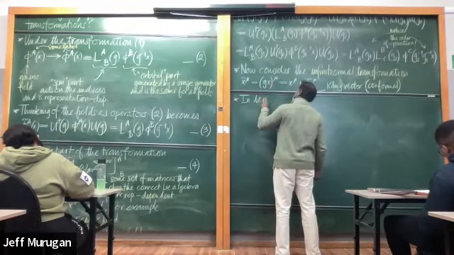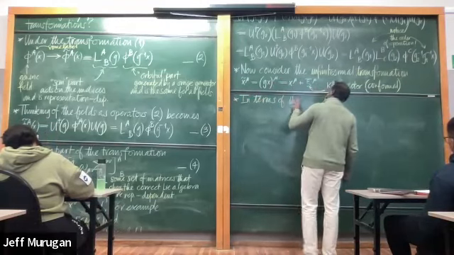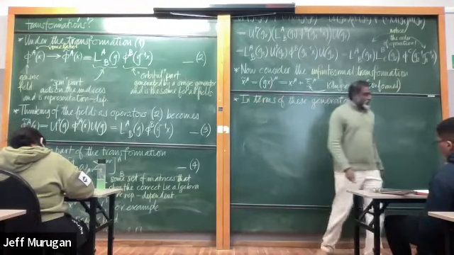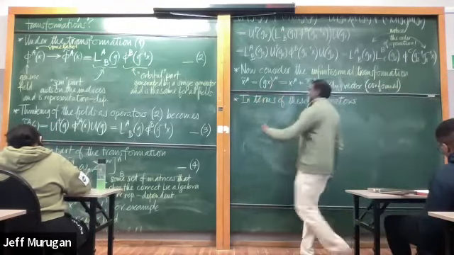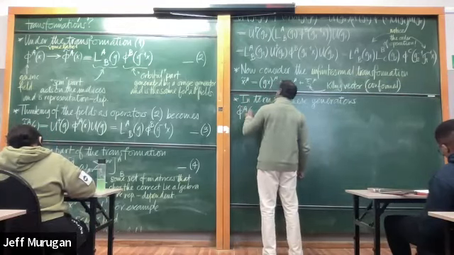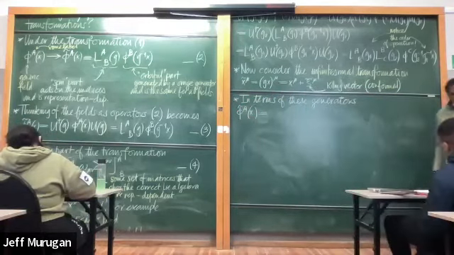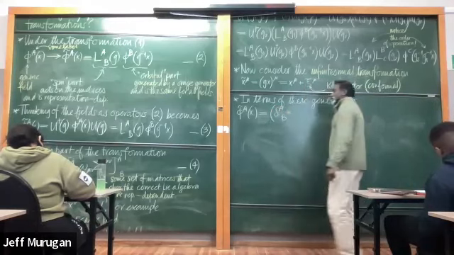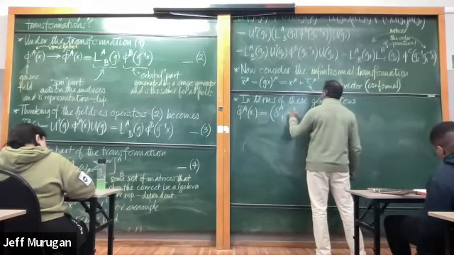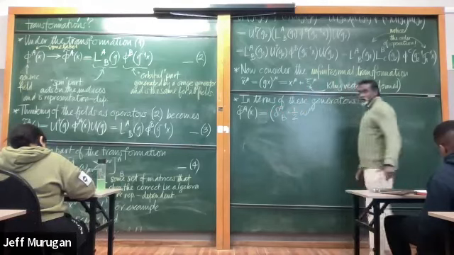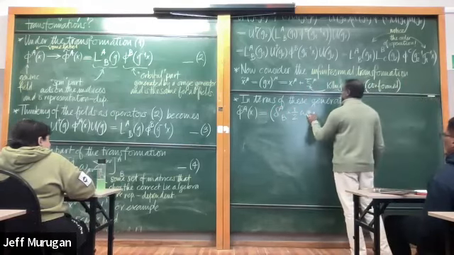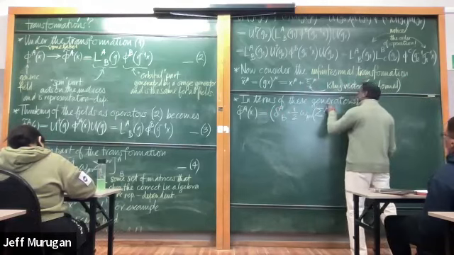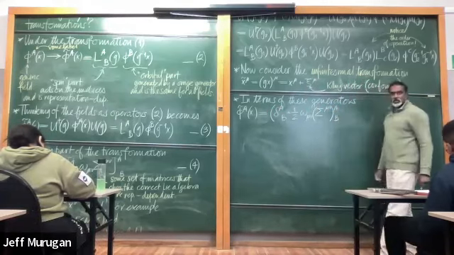In terms of generators, phi A tilde is delta AB plus i over 2 omega mu nu downstairs, sigma mu nu upstairs, and sigma carries all the A and B indices.